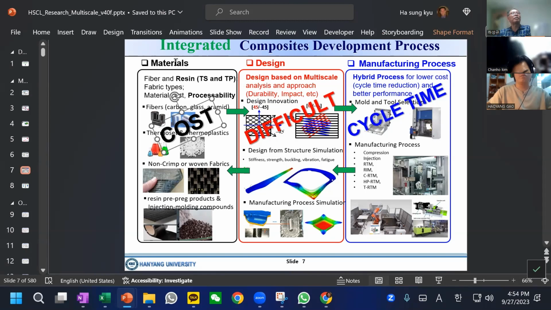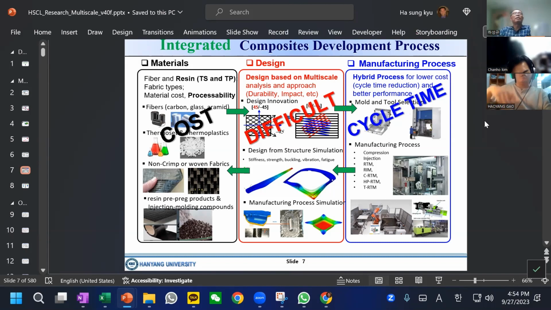So in short, material has so many choices, and we have to consider the cost. And as a designer, we have to understand the layup sequence and anisotropic behavior. And the manufacturing process can be very different depending on the structure. So we, as composite engineers, need to understand material behavior, design, and manufacturing process.